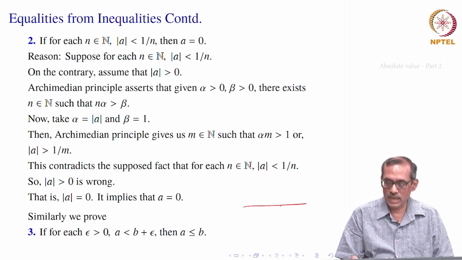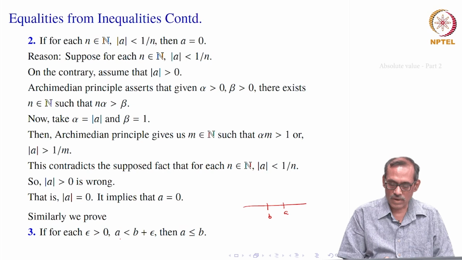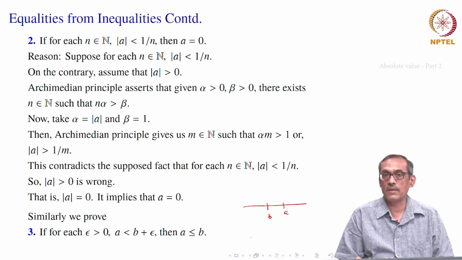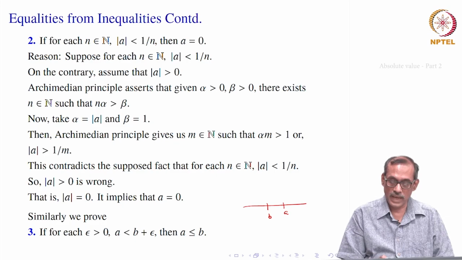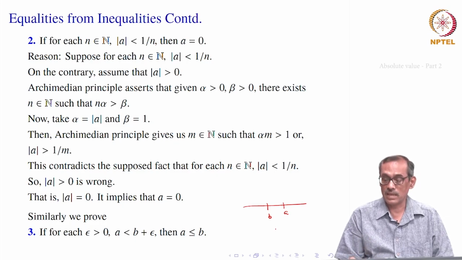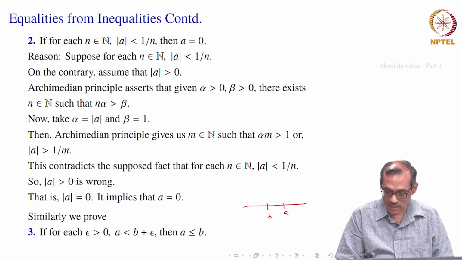If A is bigger than B, suppose A is here and B is here, then our condition A is less than B plus epsilon will not be satisfied for some epsilon. How can we produce such an epsilon? A is less than B plus epsilon will be contradicted because B is smaller than A. If I take epsilon to be larger than this distance, then A is again smaller than or equal to that epsilon.